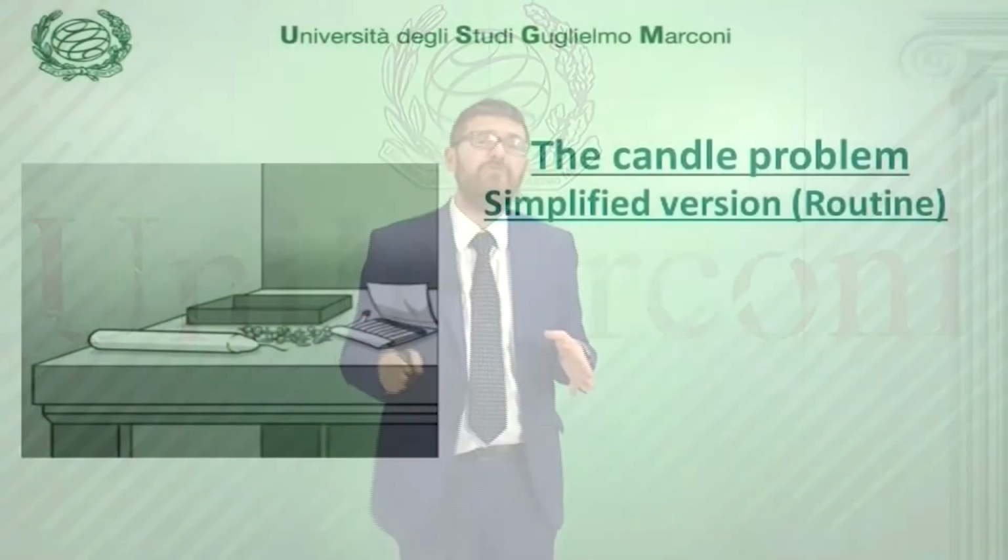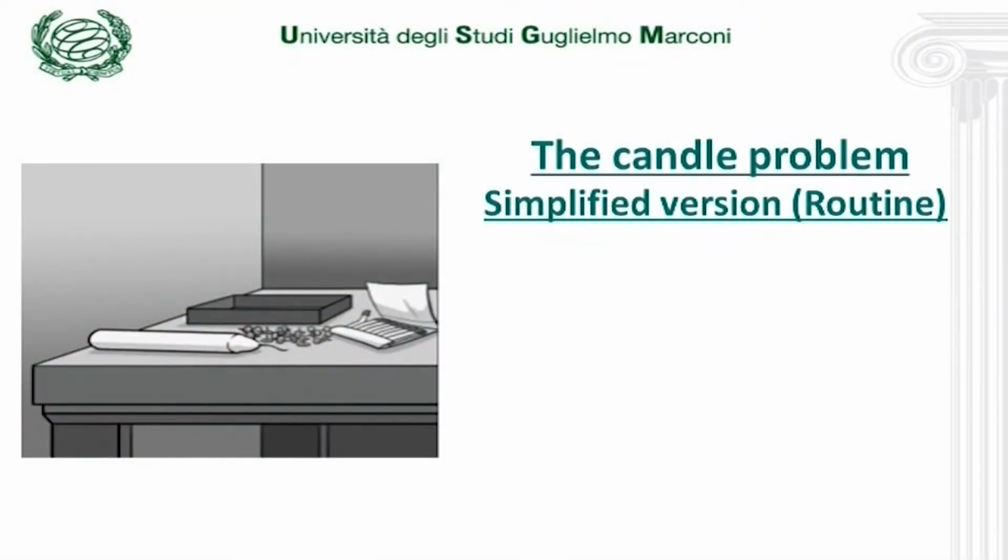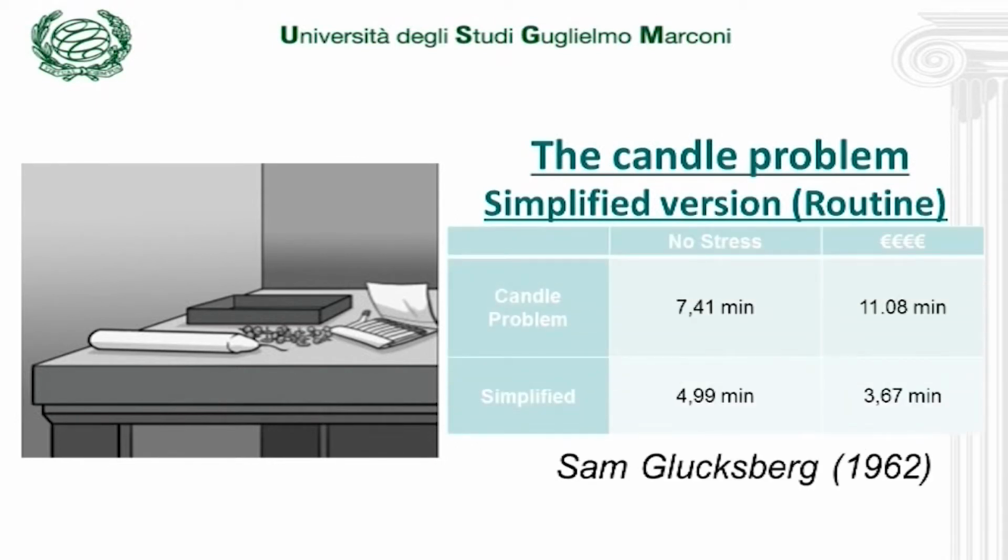In fact, to test it, they proved a simple version, a routine version of the candle problem. In this version, the tacks are out of the box, and in this case, rewards worked. In the simplified version, when you give money to the best performers, they solved the problem in 3.76 minutes, and in the normal no-stress situation, they took 5 minutes.